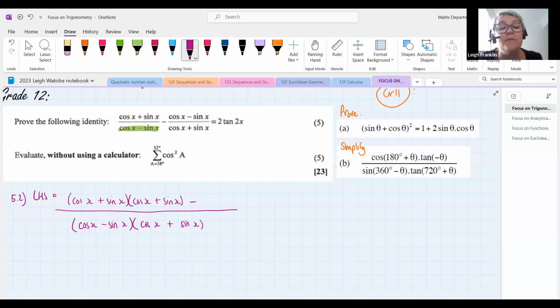Then I've got my minus. On the right-hand side of my fraction, I had cos x plus sine x in the denominator, so I have to multiply my numerator, cos x minus sine x, by cos x plus sine x. Is everybody happy with that? Grade 12s, does that make sense to you before I go on? No, okay.